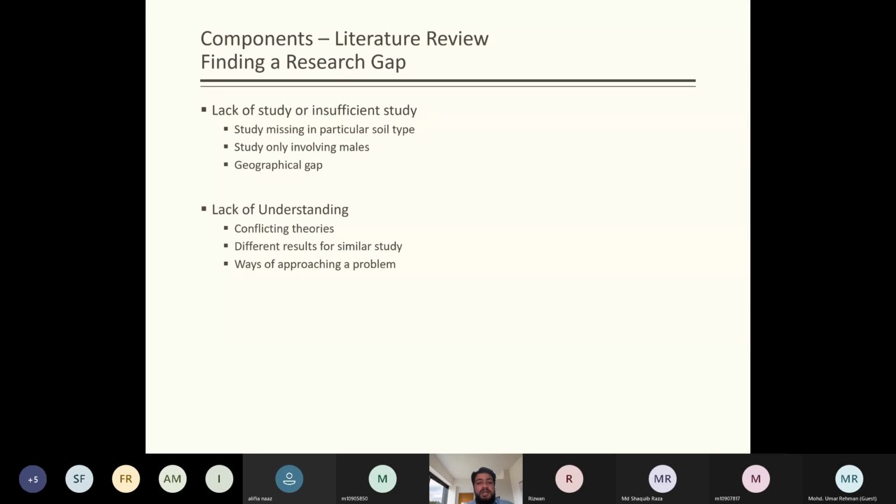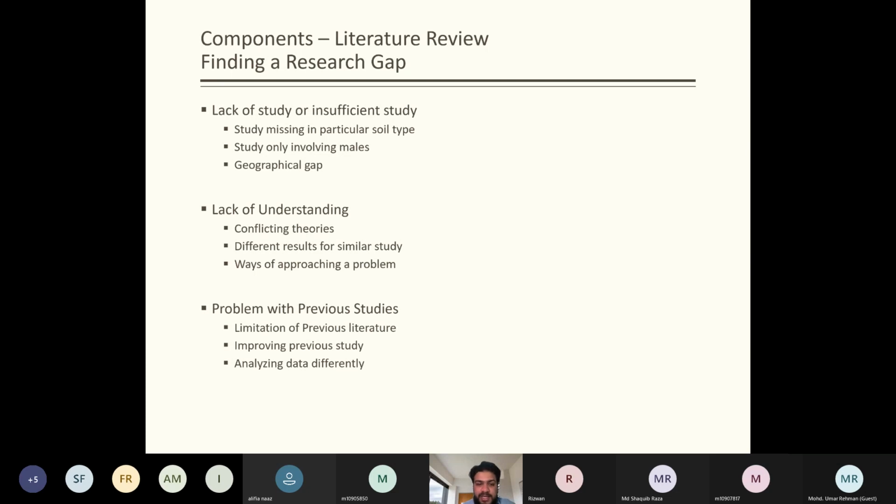So you can of course try to write a research proposal where you are trying to model something in the computer, which currently is very much in demand right now, because you can tackle a lot of problems that you do experimentally in months in just a few seconds in the modeling. So this is one way of finding a research gap.